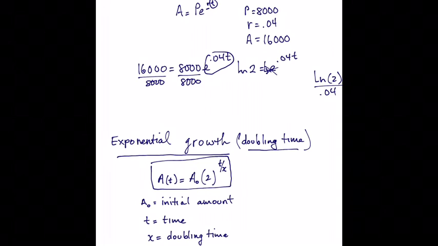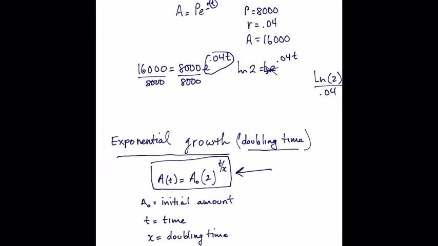Another type of exponential growth situation that has a different model is specifically when you've been given an observed doubling time. For example, you start with a count of 10,000 bacteria and it doubles every 50 minutes. How much bacteria will there be in 10 hours? Where there's a specific observed doubling time given, you would use this model right here.